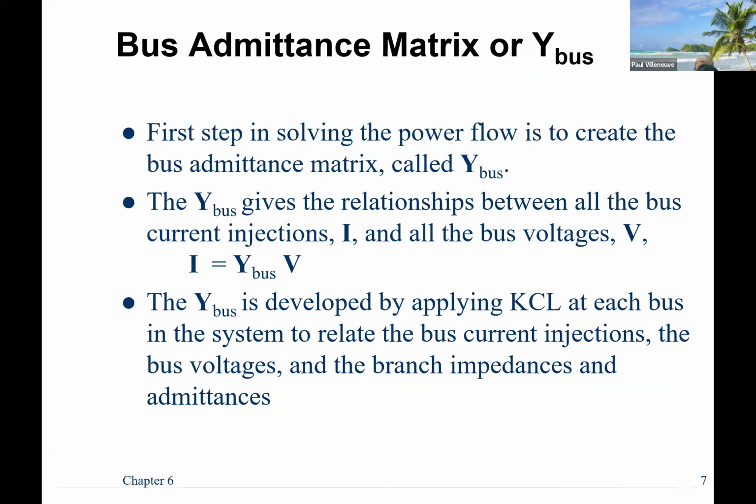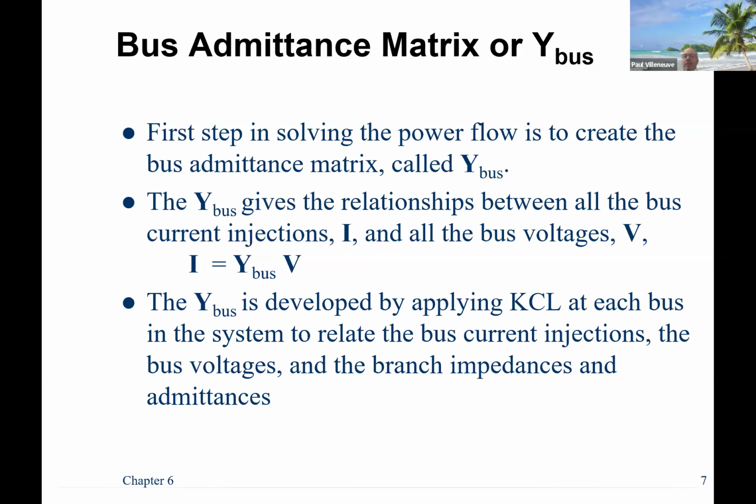So now we're going to go ahead and start to apply these, and we're going to have to set up our equation. So we have to build Y-bus because we need to figure out how to calculate currents from voltages.